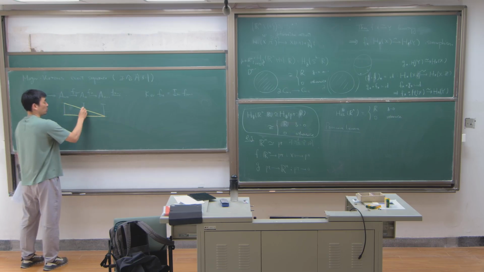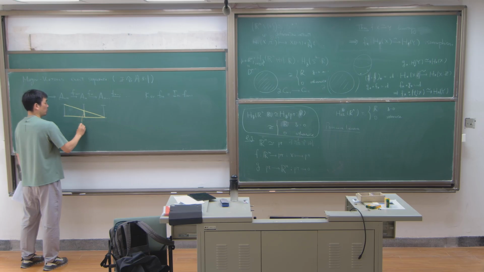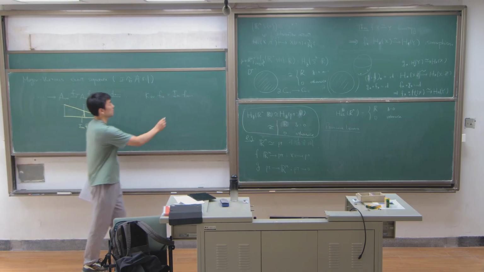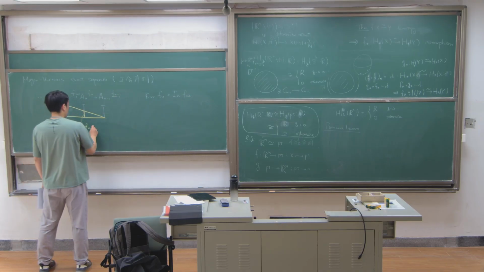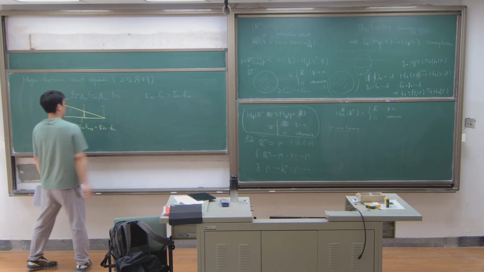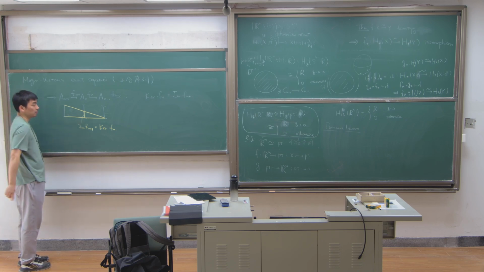So here is the image of Fn plus 1, sorry, n plus 1, is equal to the kernel of Fn. If this is the case, it's always called an exact sequence. Is that okay?